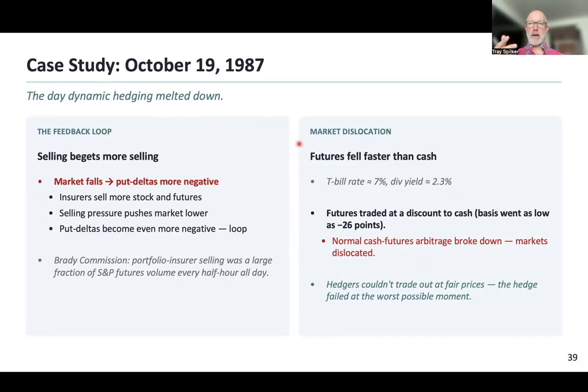They were using futures markets to sell. And so there was a disconnect between spot and futures: the parity condition broke. The arbitrage between spot and futures broke down. So the takeaway here is that dynamic hedging strategies that work for a single user can be destabilizing when everyone else is doing it and following the same rules simultaneously.